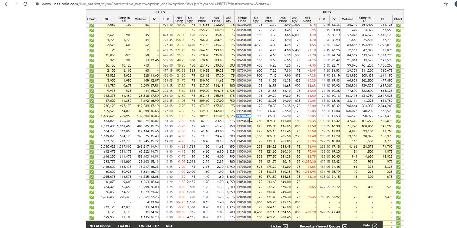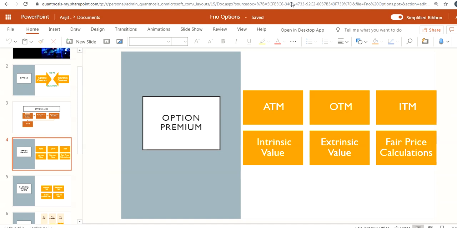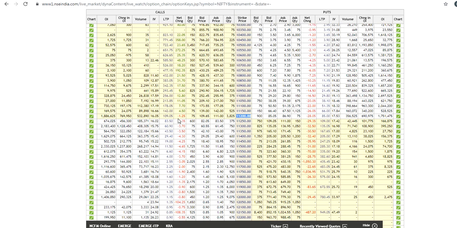Similarly for put, an 11,200 put option is at the money because it's near 11,200, so at the money also does not have any intrinsic value. This means we only have intrinsic value for in the money options, and for other options we only have extrinsic value. An in the money option can also include an extrinsic part, additional to the intrinsic value.